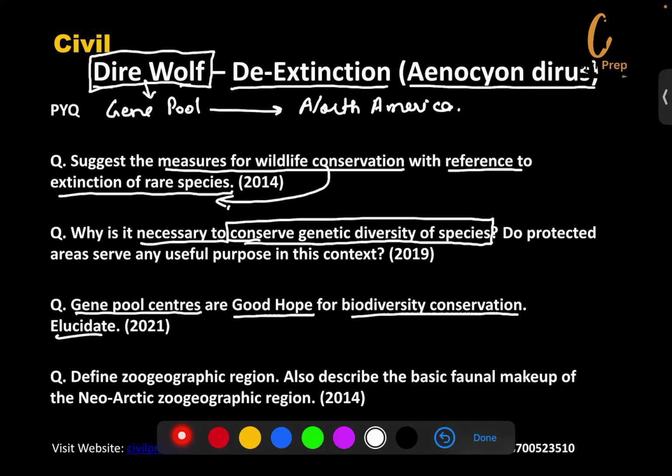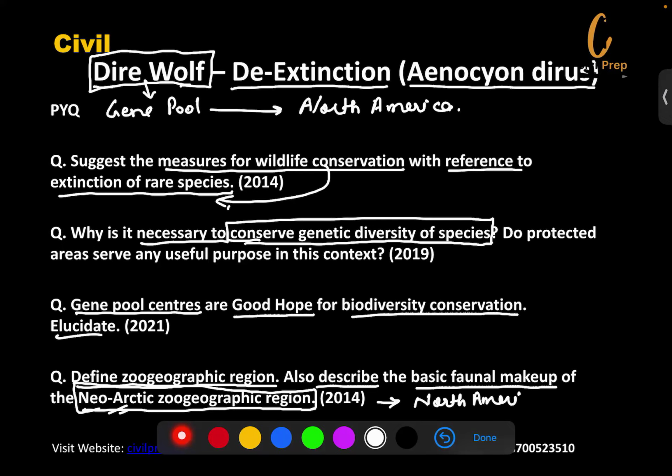Next question here is: define zoogeographic region. Also describe the basic faunal makeup of Neo-Arctic zoogeographic region. When we talk specifically about the Neo-Arctic region, it consists of North America, then Greenland, and certain regions of Northern Europe.